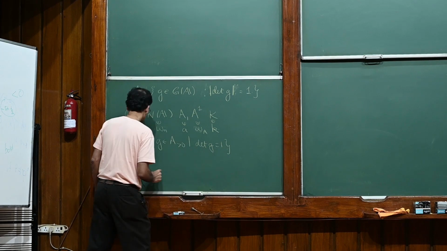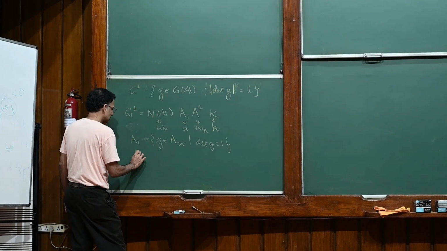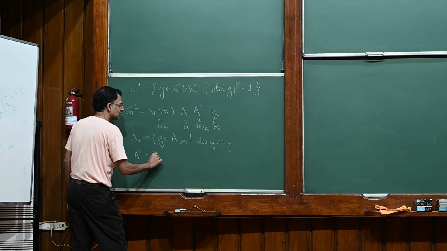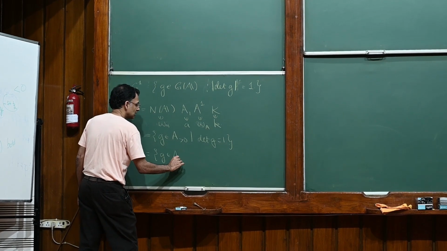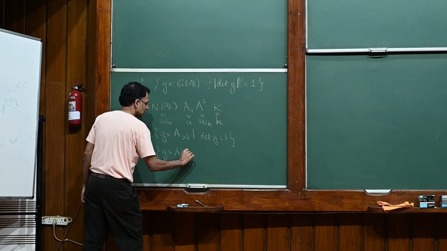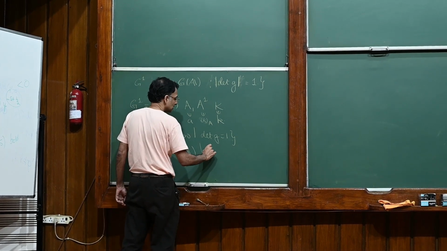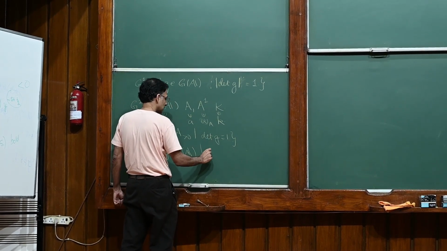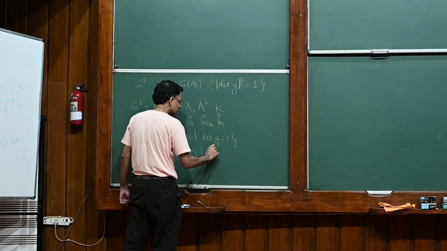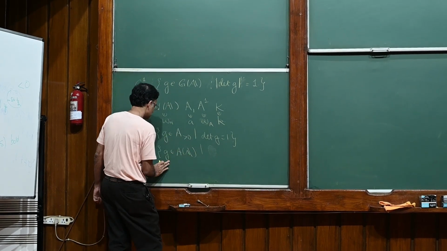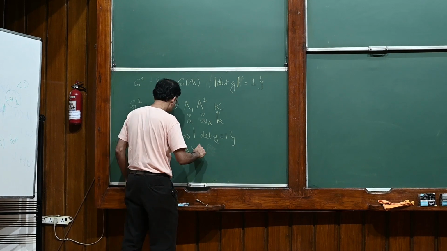Okay. And A superscript 1 is G in A such that the individual entries, right?